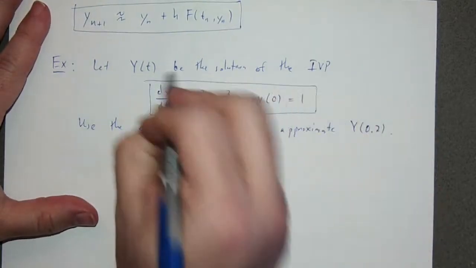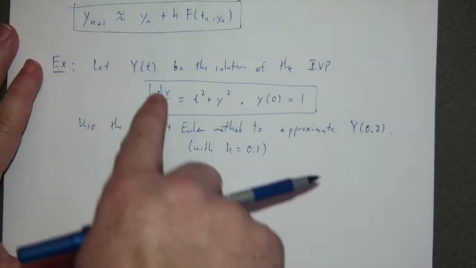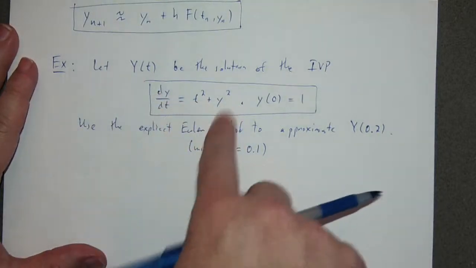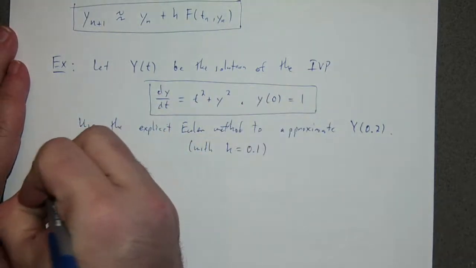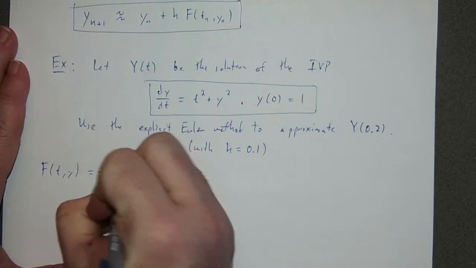So here's my differential equation. Now I need to identify what form this is in so that I can actually apply this Euler's method formula. So what do I have? dy dt is equal to big F of t, y, and in this example, big F of t, y is equal to t squared plus y squared.